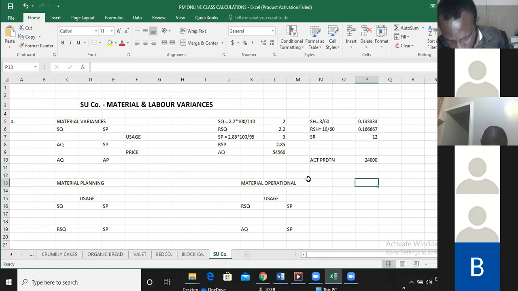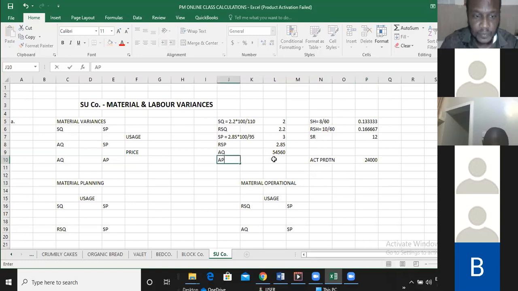However, a new material has also been chosen, which costs only 2.85. So that has to still be my actual price if it comes to that. So 2.85.